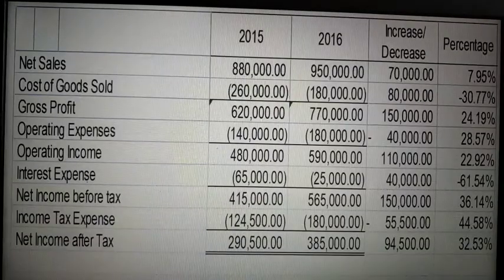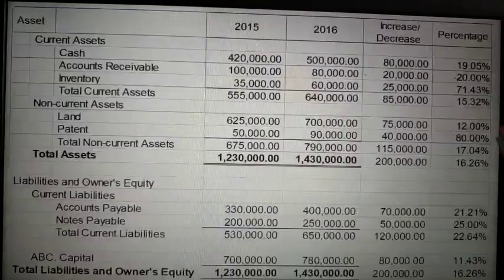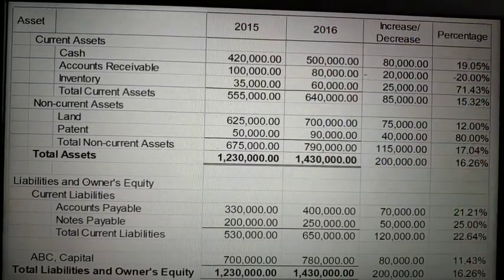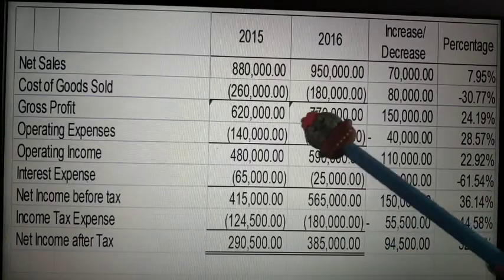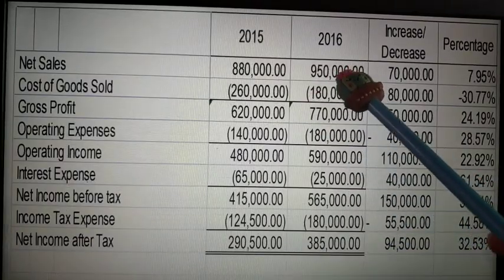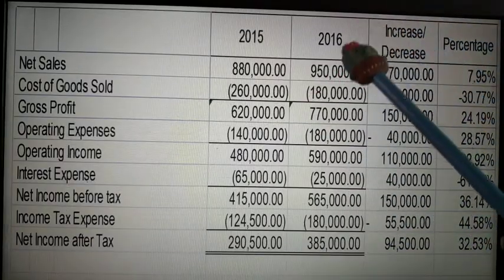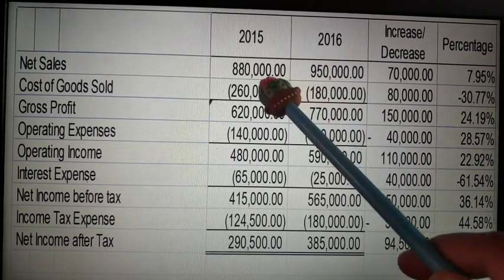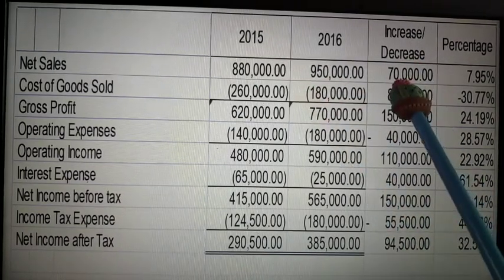Now, we will proceed to the horizontal analysis for the statement of comprehensive income. So if the statement of financial position is gikan sa current padulong sa previous, this is the same lang gyapon sa statement of comprehensive income. So gikan kang current minus the previous. So 950,000 minus 880,000, it is 70,000.